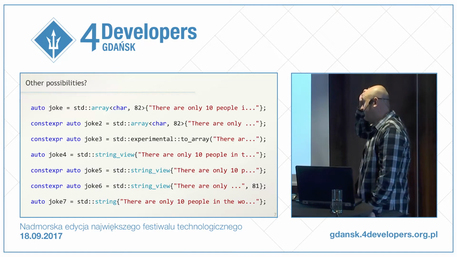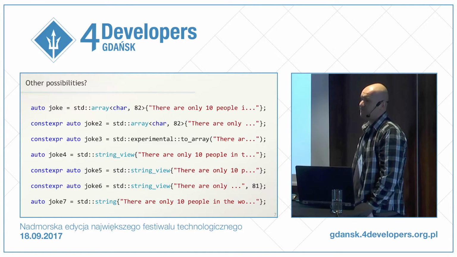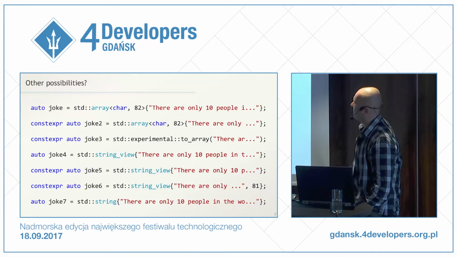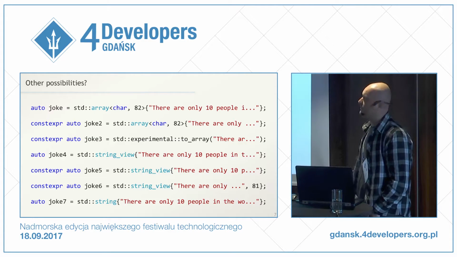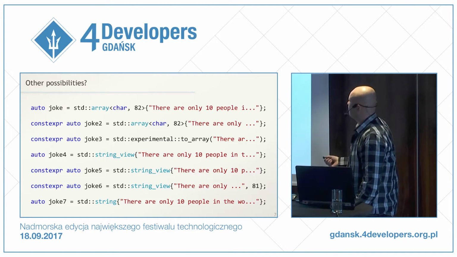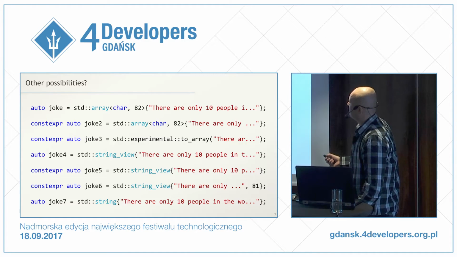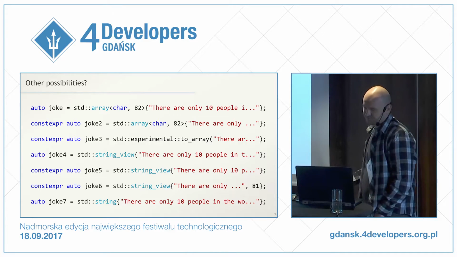Okay, other possibilities. Well, let's explicitly state that string is an array of characters. Okay, it's good, it will work, but you know, we do not want to explicitly state the length of the string.